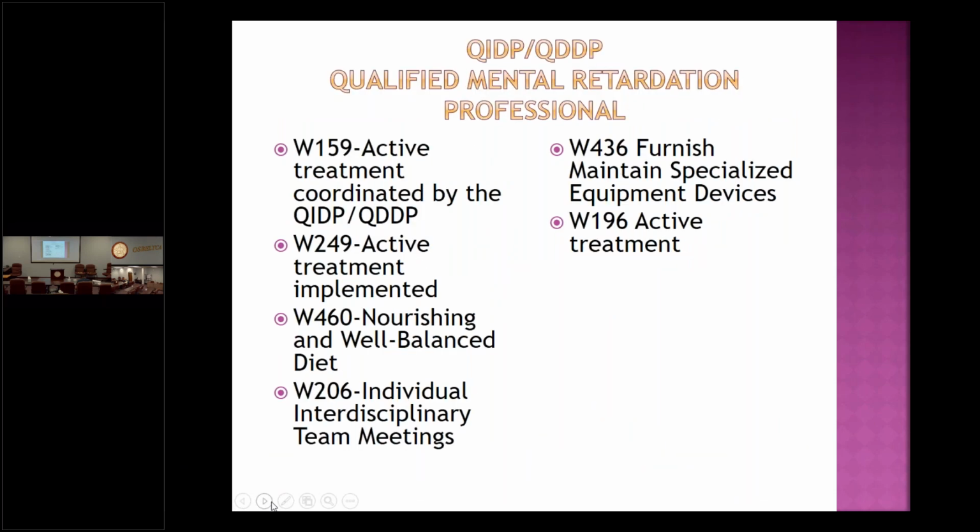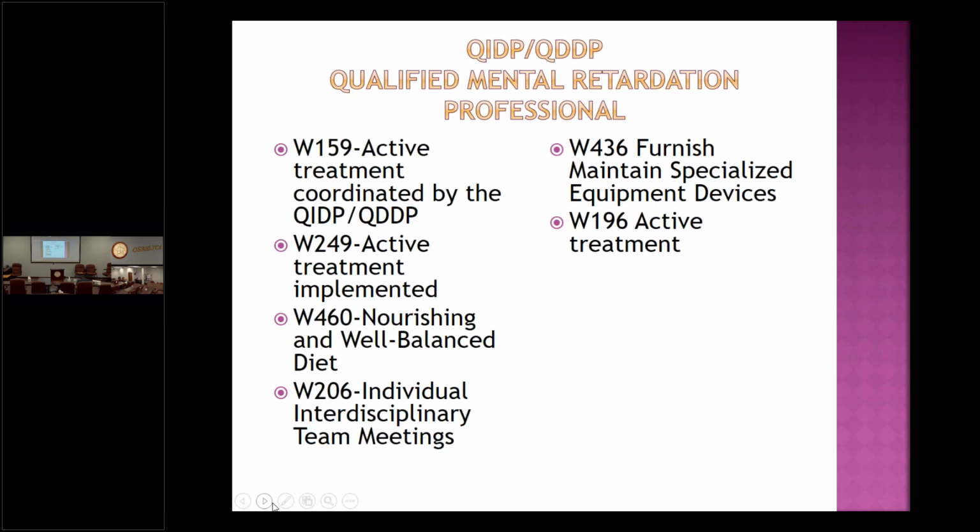Here are some tags that are associated with the QIDP. You've got W159. If you're a Q, you never want to get this tag because this is like the worst of the worst tag for a caseworker. It's stating that if you get this tag, your active treatment program was not in place or was not correct. There are certain goals that we have to implement every year when we're having the person's annual meeting, and we have to identify needs for that person.